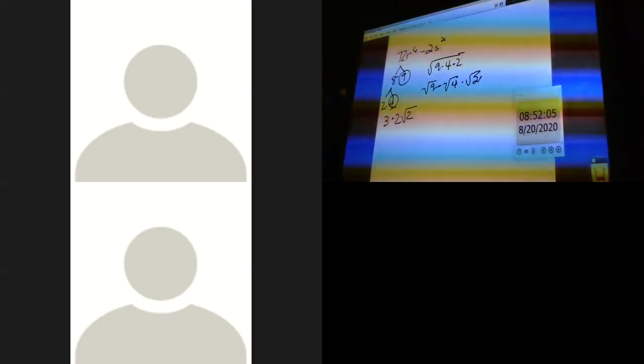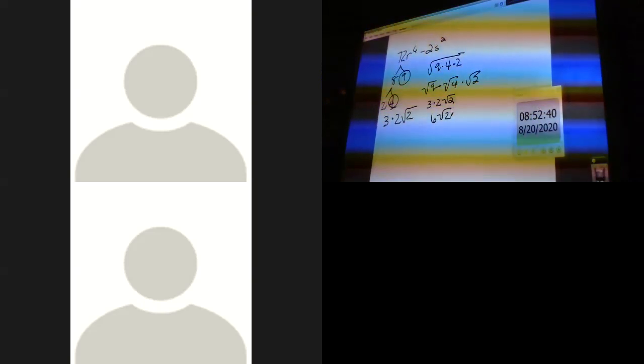Do you agree? What property is that? Associative. So then the square root of this is 3, and the square root of that is 2 times the square root of 2.